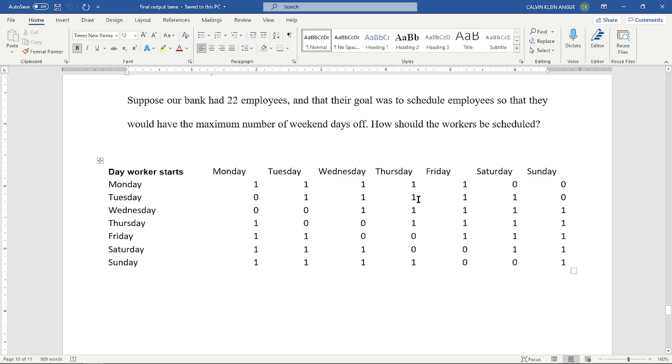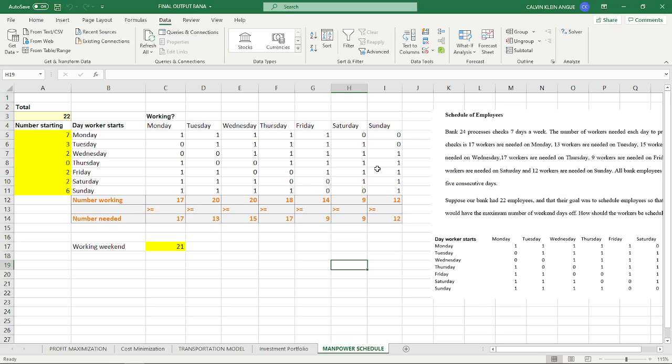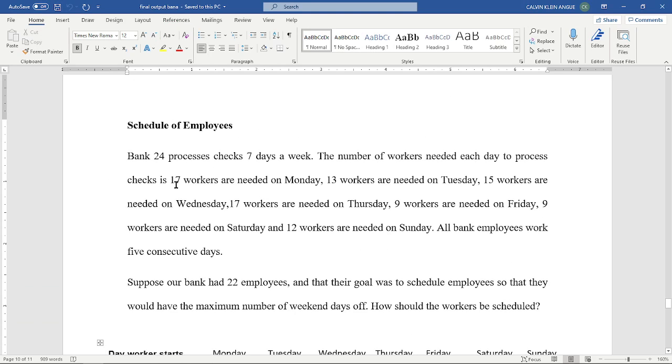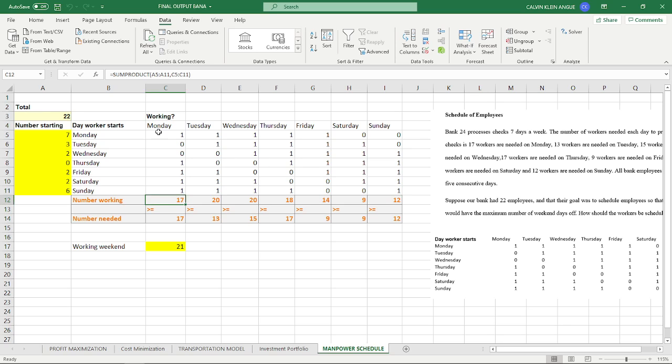So this is the data that we're going to solve in Excel. First, our constraints. Our numbers needed on Monday, Tuesday, and so on, these are the numbers needed on each day.